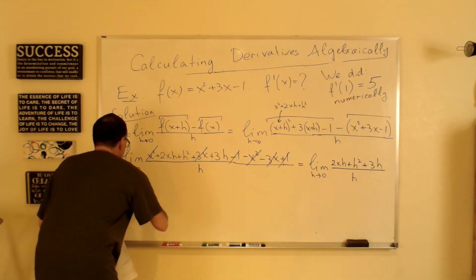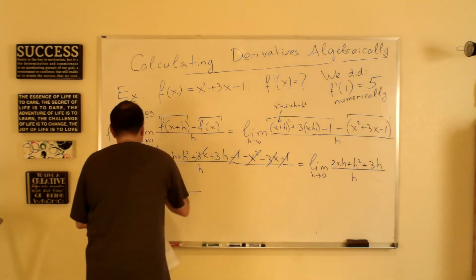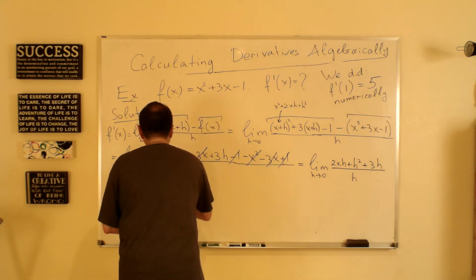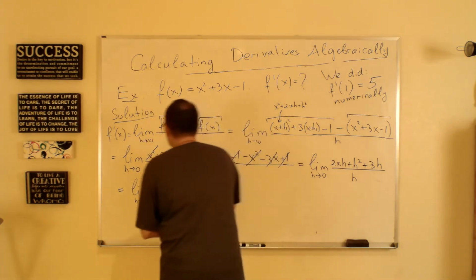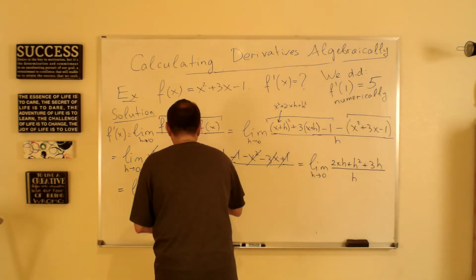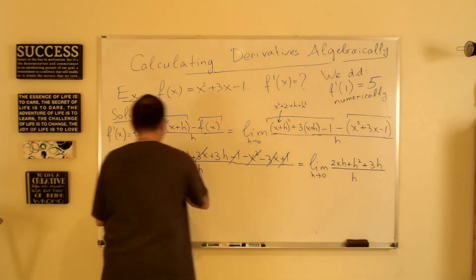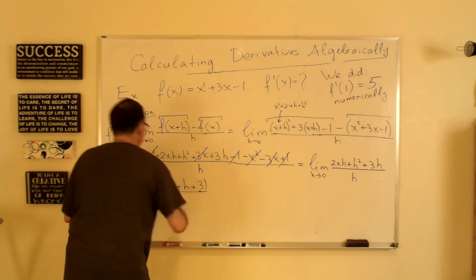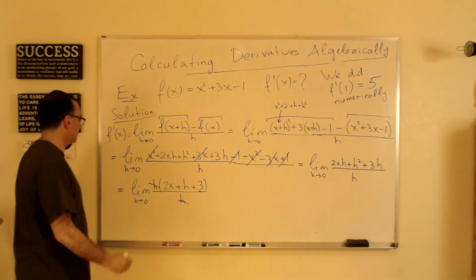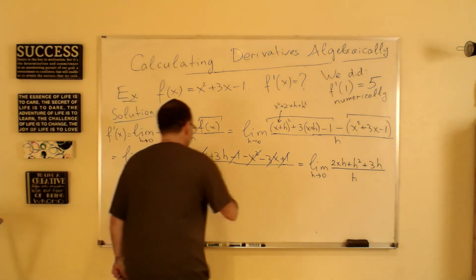Limit as h approaches 0. You factor out h. You have 2x, then plus h, then another plus 3. So this is after you factor out h, and then h in the denominator. Next, you can cancel the h because it's not 0, just approaching 0. And then you have 2x plus h plus 3.